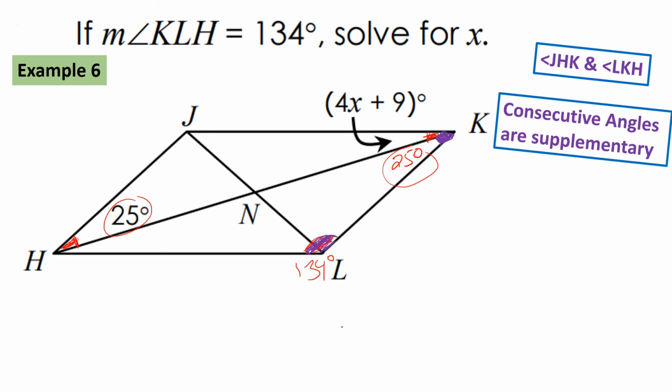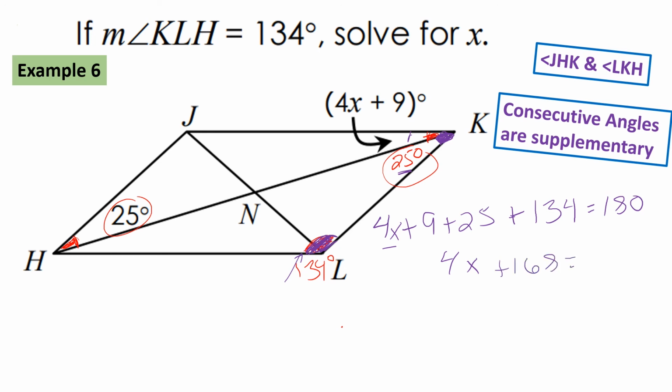These 2 angles are supplementary, because they're consecutive, so they equal 180. So I could set up an equation here. I could do 4x plus 9, which is this piece here, plus 25, which is this piece here, plus 134, this angle at the bottom here, is all equal to 180 degrees. And I could just solve this equation for x. 4x, I don't have any other like terms here, so I'm just going to bring down my 4x. 9 plus 25 plus 134, that is equal to 168, equals 180.